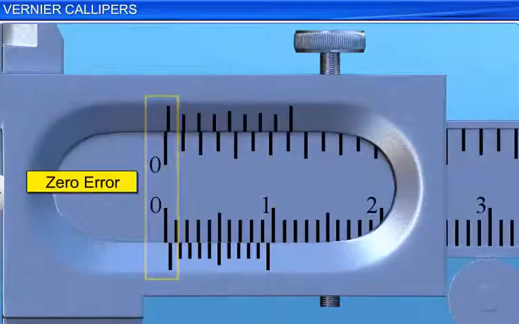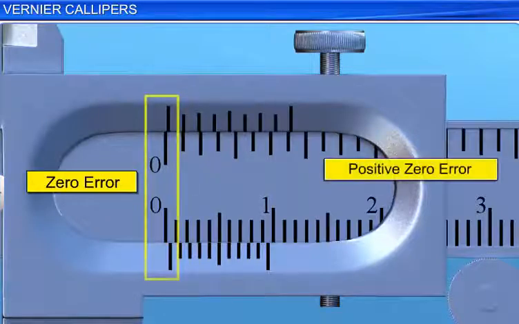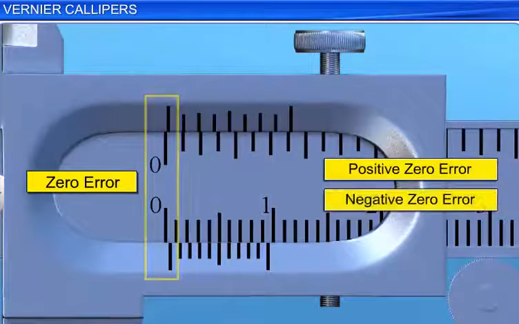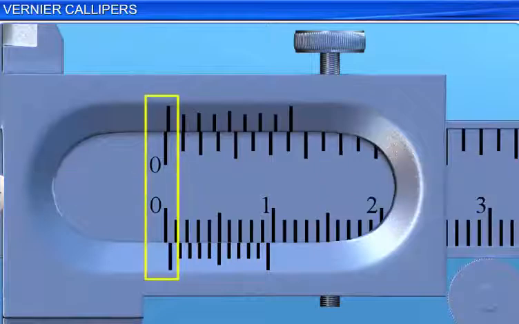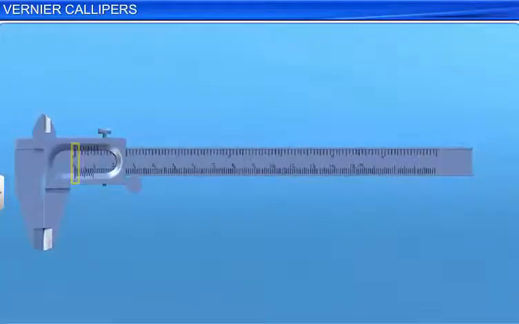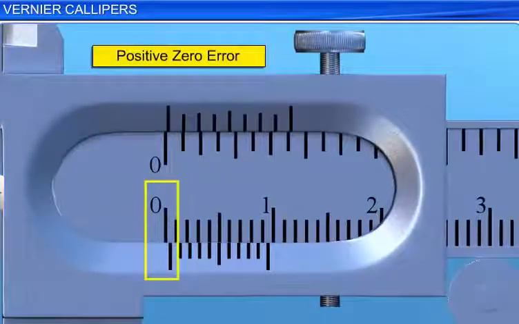There are two types of zero errors. They are positive zero error and negative zero error. With the two external jaws in contact, if the 0 of the vernier scale is on the right side of the 0 of the main scale, then the zero error is said to be positive. The error is equal to the distance between the main scale 0 and the vernier scale 0.